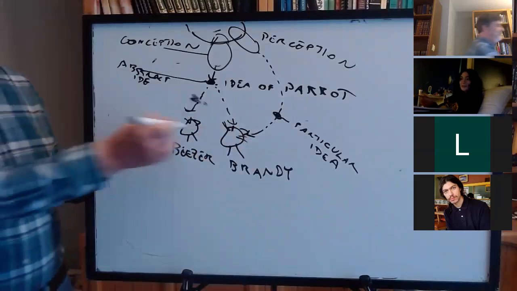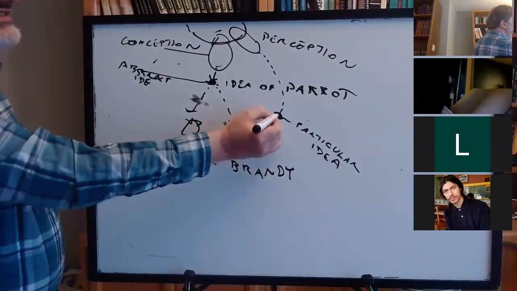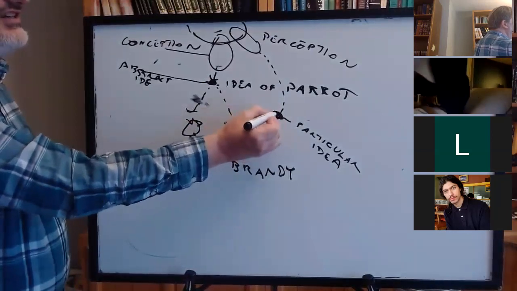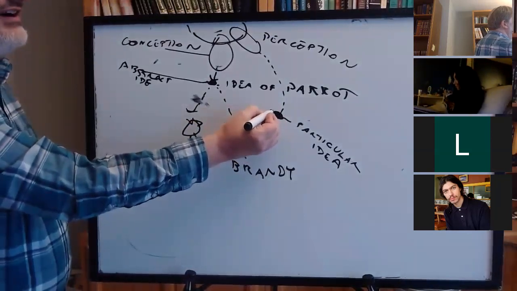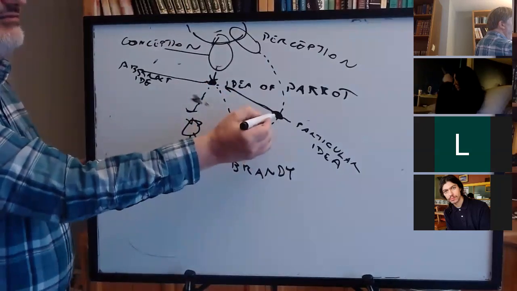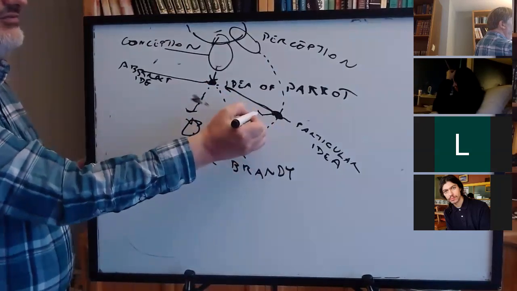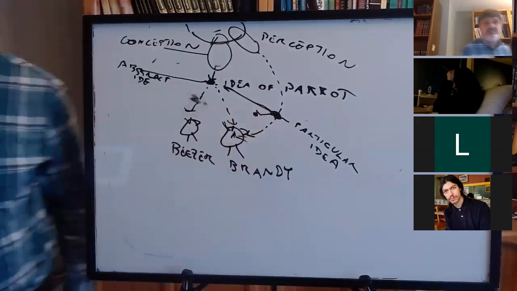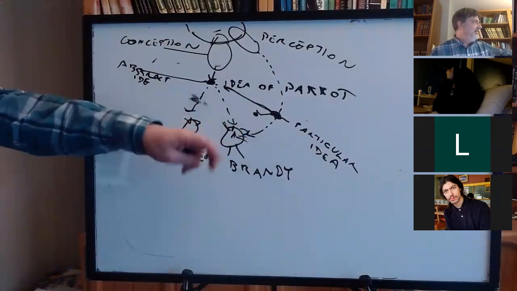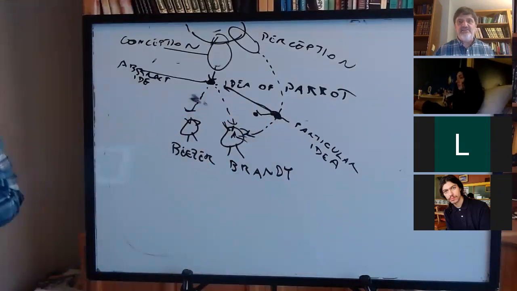There was no separation here. The separation was in here. I separated this particular idea into two parts. One of them went to make up the abstract idea of parrot, and the other part, which contains the characteristics that are specific to Brandy, I'm just discarding. That's the part I'm abstracting from, as they say. Okay, so far so good. But that's what abstraction is supposed to be like.